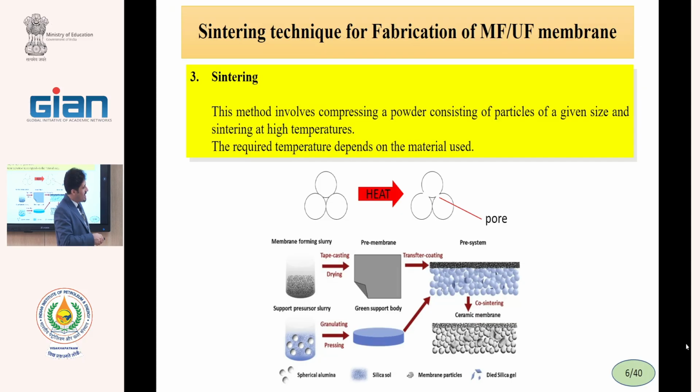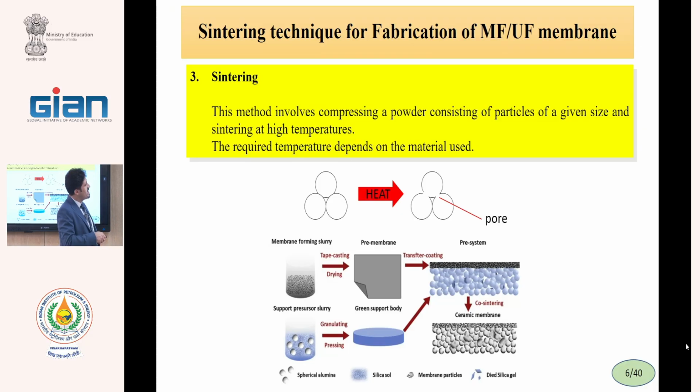The second layer has small particles. That means this small layer is the selective layer, active layer, or separation layer, and these big particles act as a support for the thin layer.